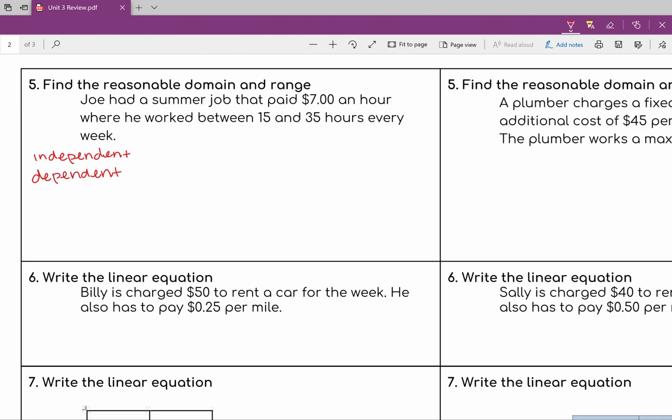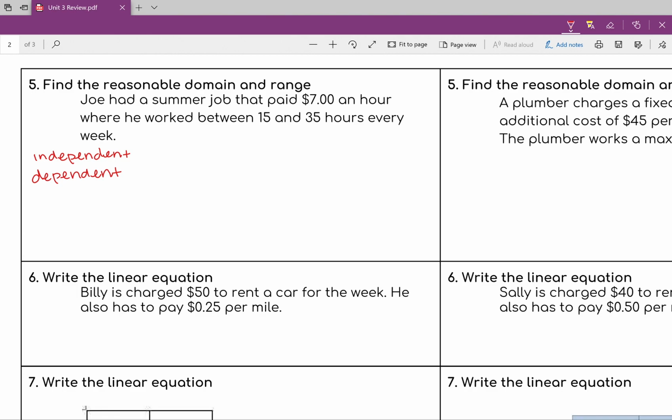Remember, the dependent variable depends on the independent variable. So would the amount that Joe gets paid depend on the hours he works? Or would the hours he works depend on how much he gets paid?